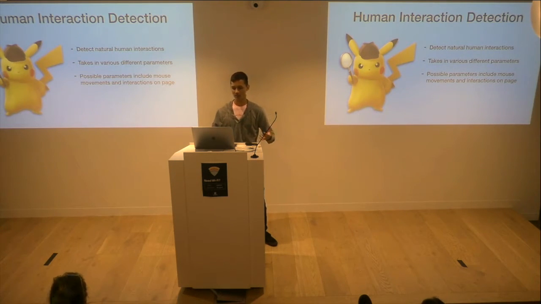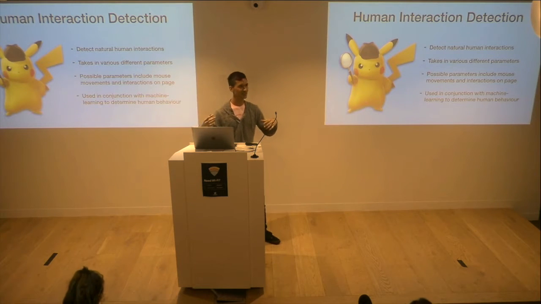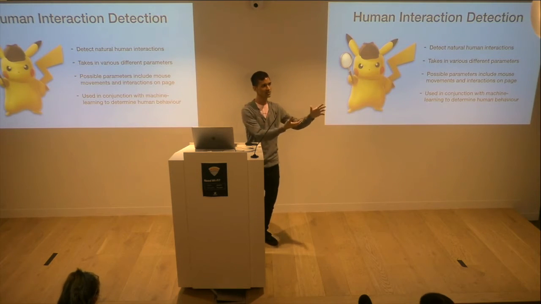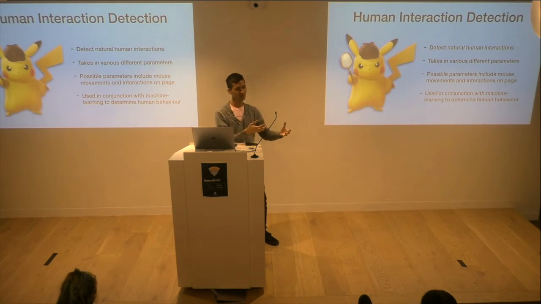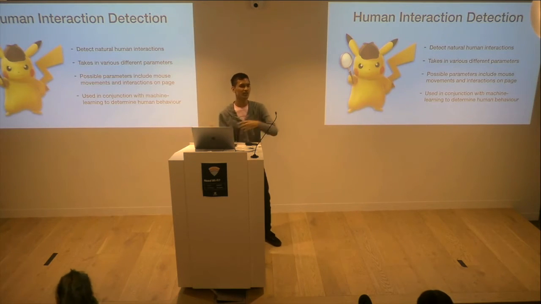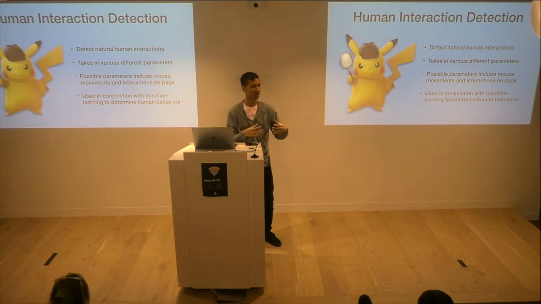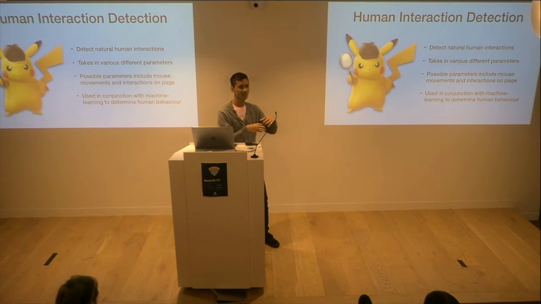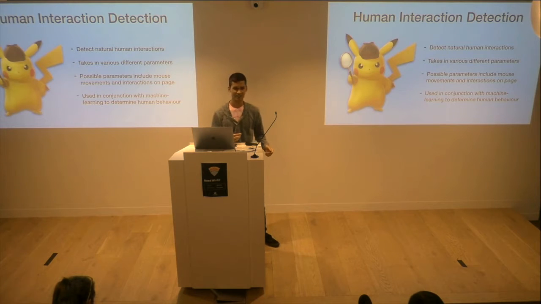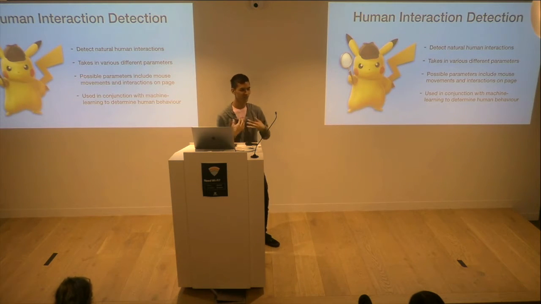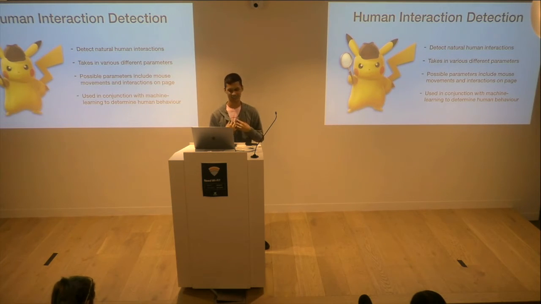And the way it works is they generally feed these parameters into some kind of machine learning to determine what's human behavior and what's not. And that's how human interaction detection determines whether you're human. But the thing with that is that because it's using machine learning, it can make mistakes, which is not good if you're a human and it thinks that you're not a human.